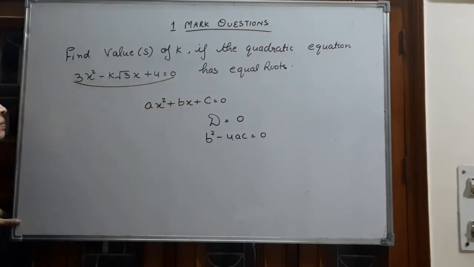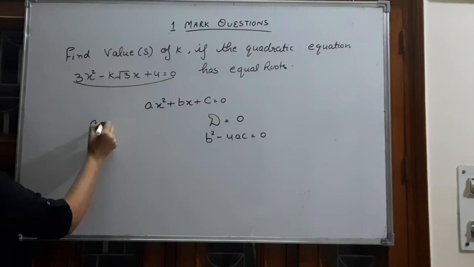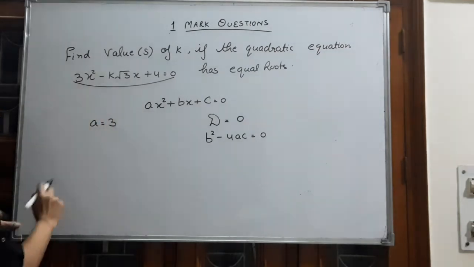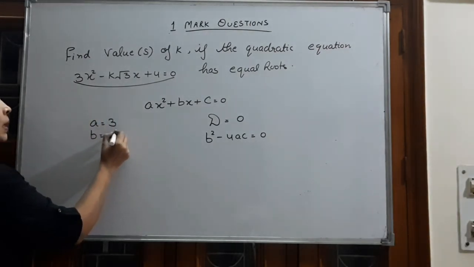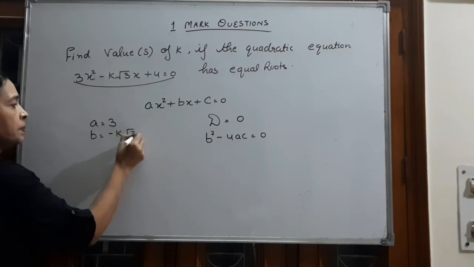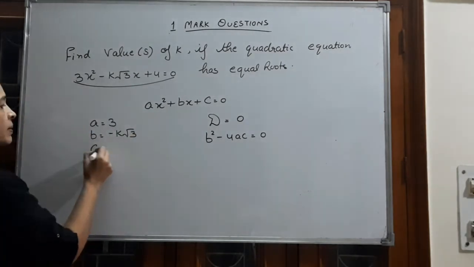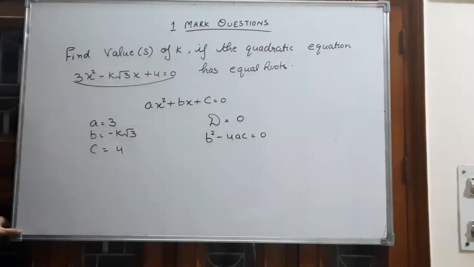As per our equation, A is 3, the coefficient of x square. B is minus k root 3. And C is 4.